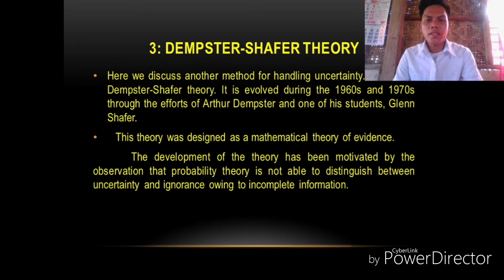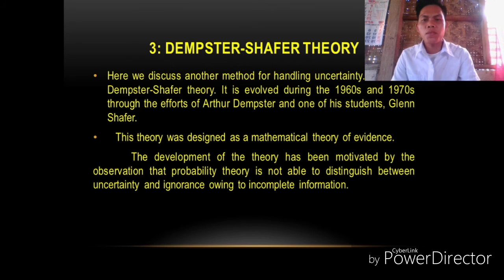This theory was designed as a mathematical theory of evidence. The development of the theory has been motivated by the observation that probability theory is not able to distinguish between uncertainty and ignorance owing to incomplete information.